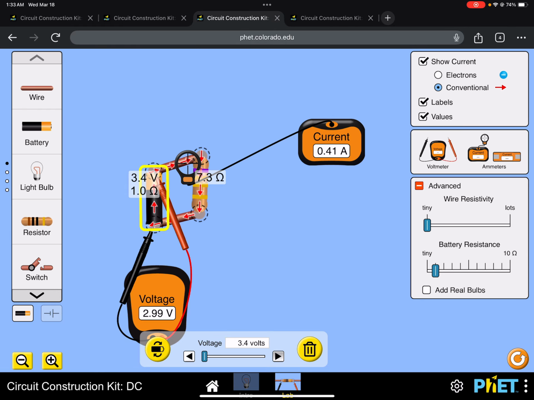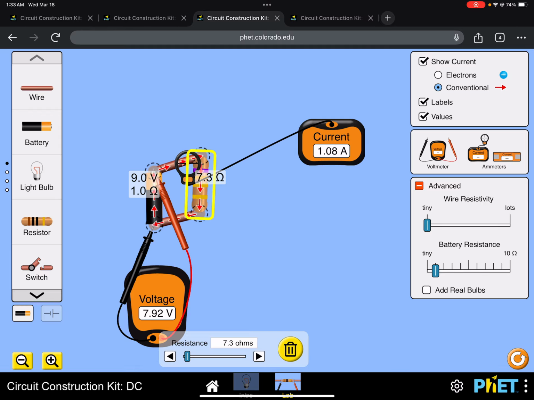Oh, that's awkward. The voltage across the battery is decreasing because I was decreasing the voltage. Okay, so now let's change the resistance. So as I change the resistance of the resistor, we see the current increases, therefore the terminal voltage across the battery decreases, right? And you can think about it as based on the load on the battery.